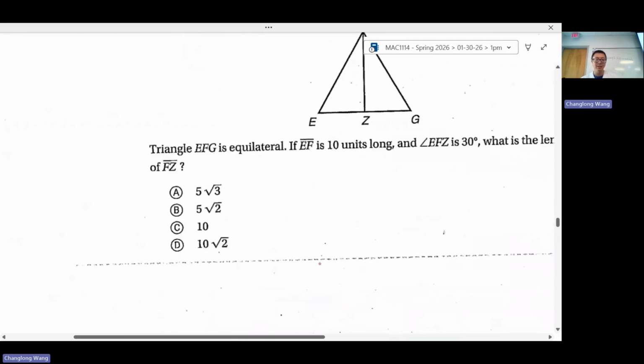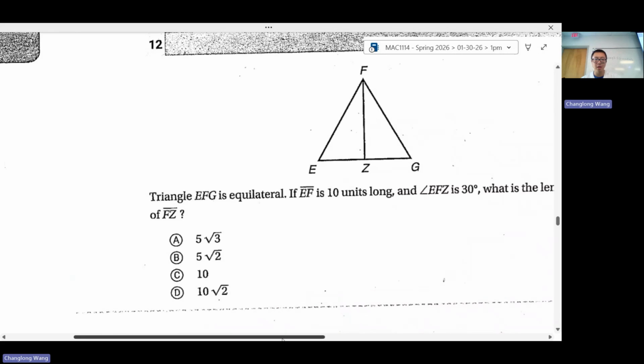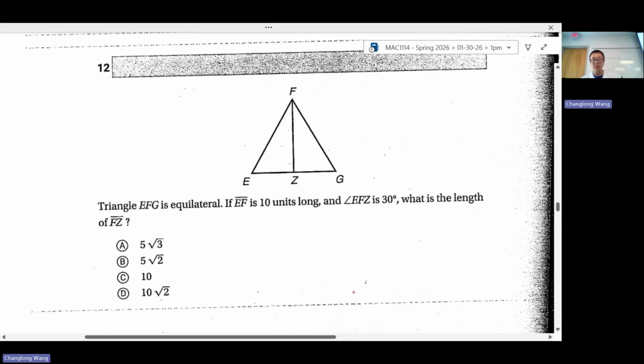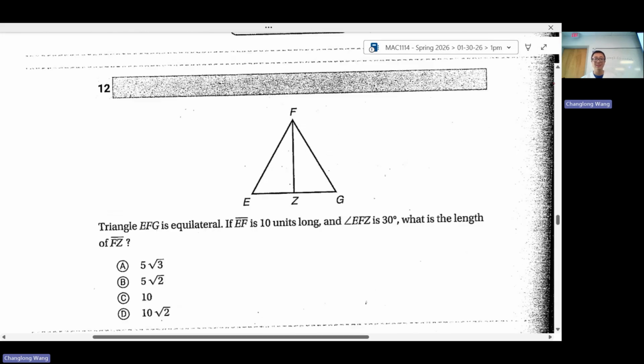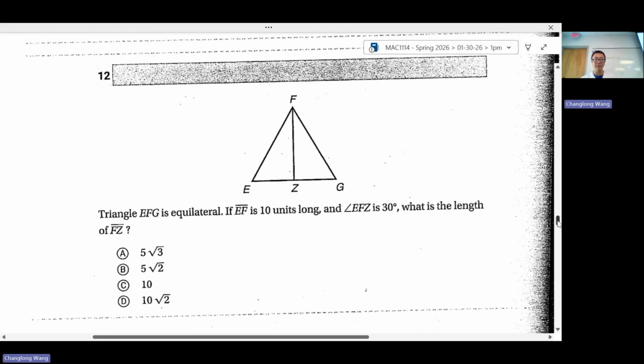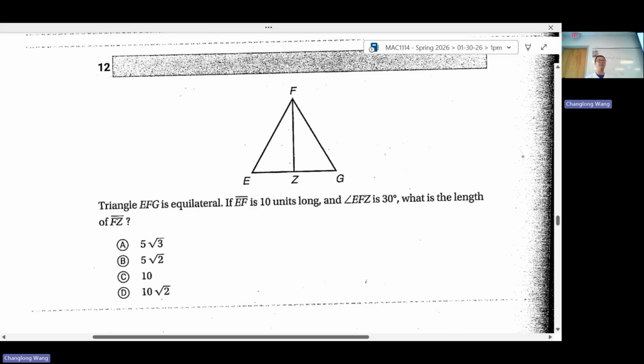So now let's see if you are able to use the tricks you've learned in this semester to figure out a geometry problem. You may not need the trick, but I wish that you can use it. All right, so that will be the last question I'm going to have you try. Number 12.